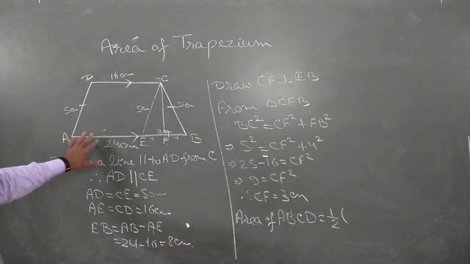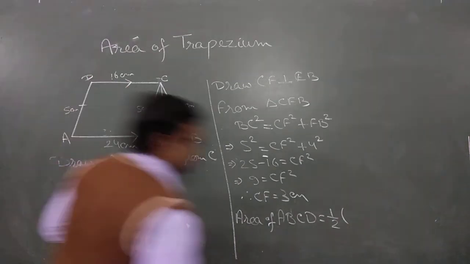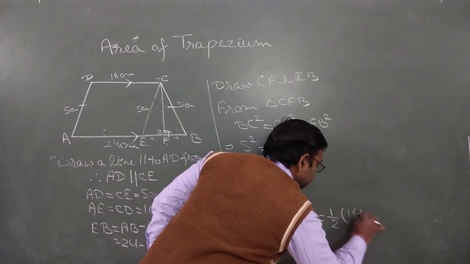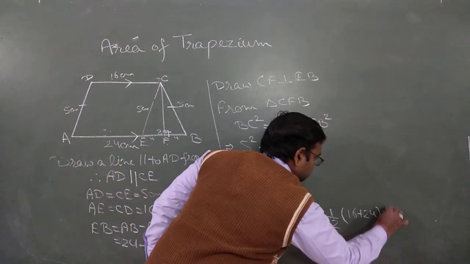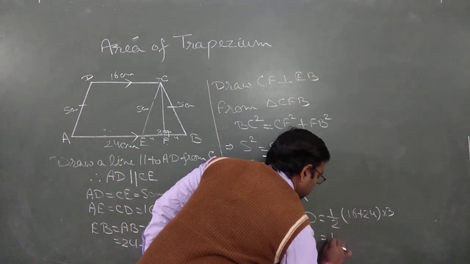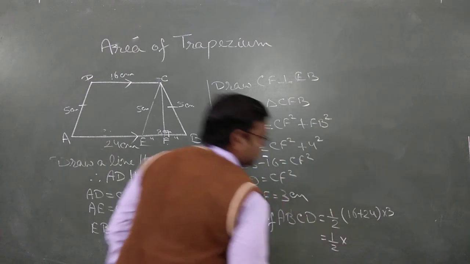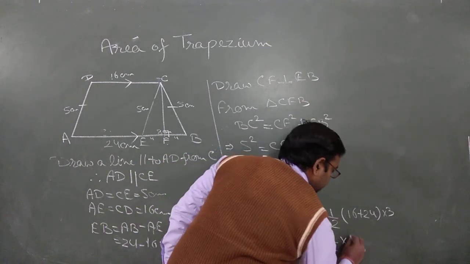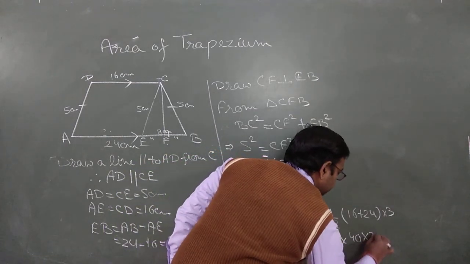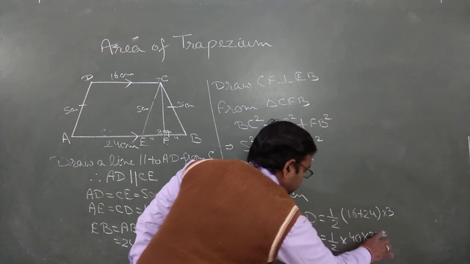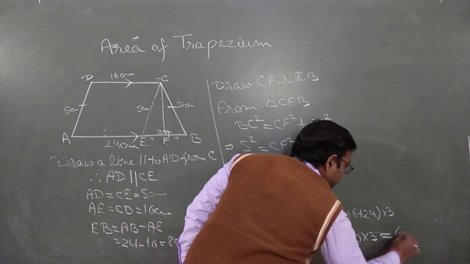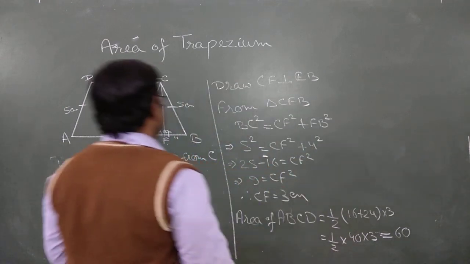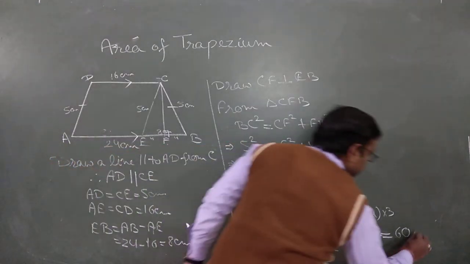Half of the sum of parallel sides 16, 24 into height 3. Half into 40 into 3, it's 60 centimeter square.